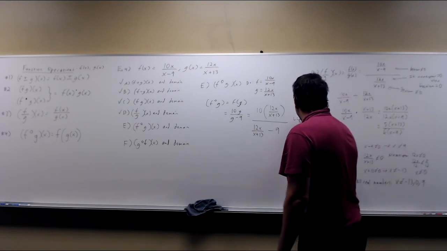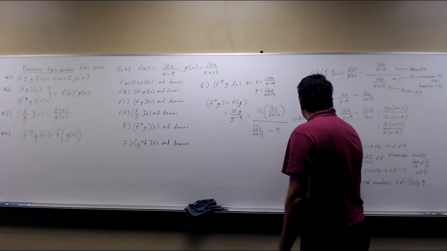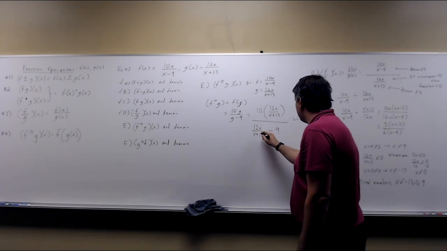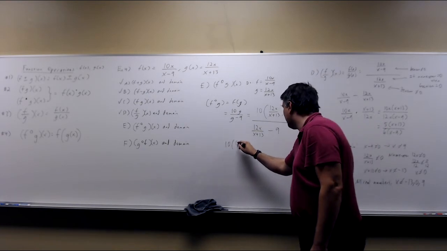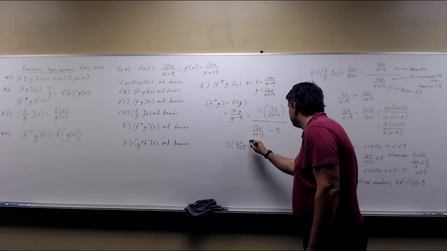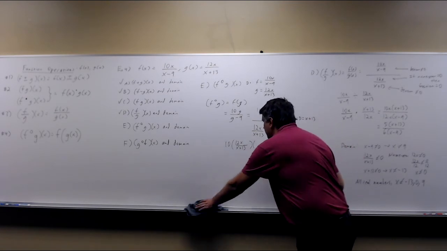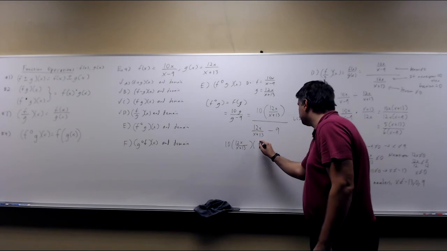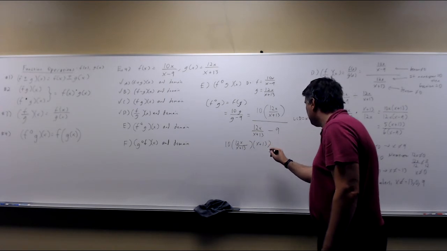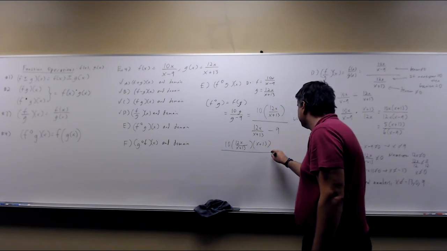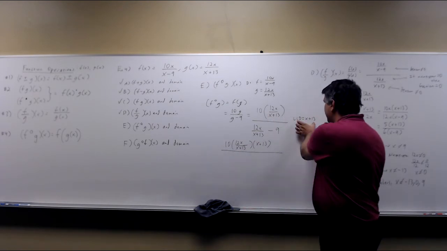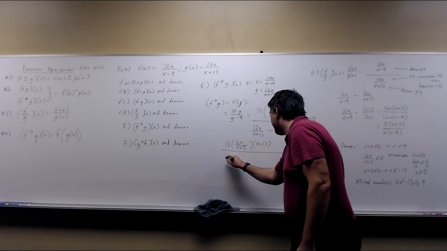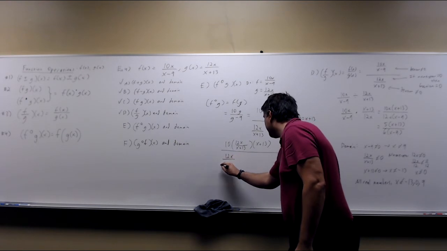And the LCD is just x plus 13. So I'll just clear the rational expressions. 10 times 12x over x plus 13. Okay, over. So I took this times the x plus 13. I'm going to take this times the x plus 13.